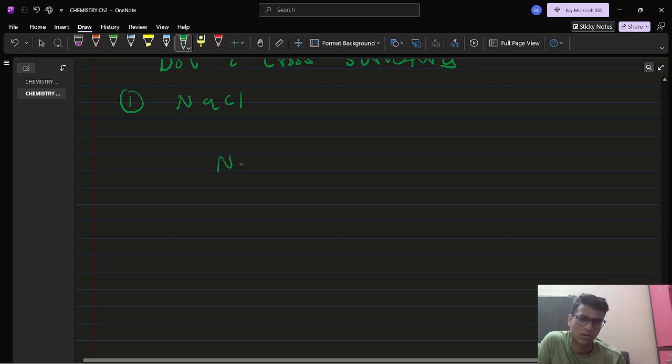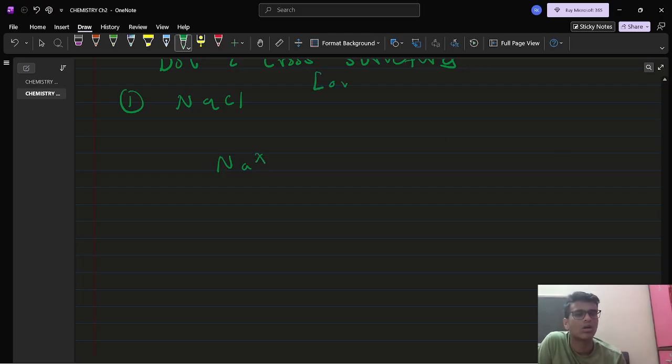NaCl. So we have sodium, only one electron; only valence electrons are to be shown, not the full shell. This is the cross, plus chlorine. These are 7.